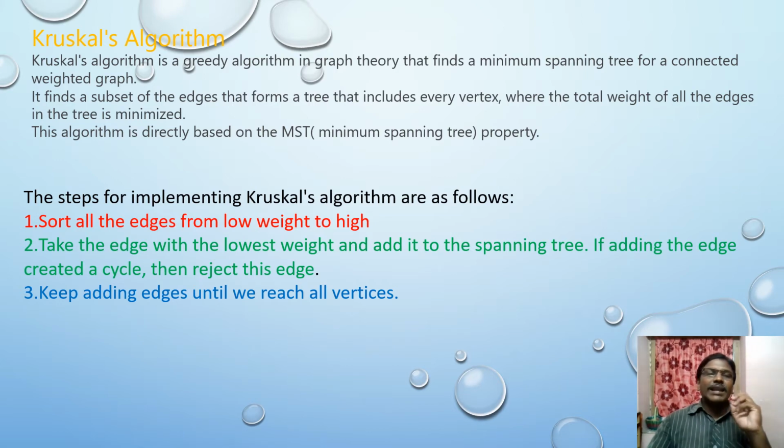If adding the edge creates a cycle, then reject the edge. It is the simplest method. Keep adding edges until we reach all the vertices and the spanning tree is connected.